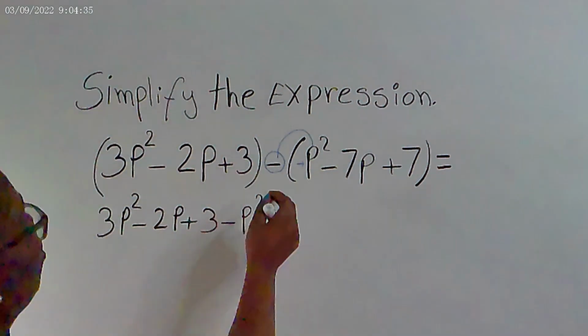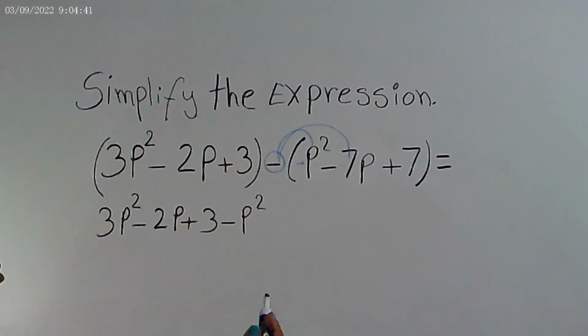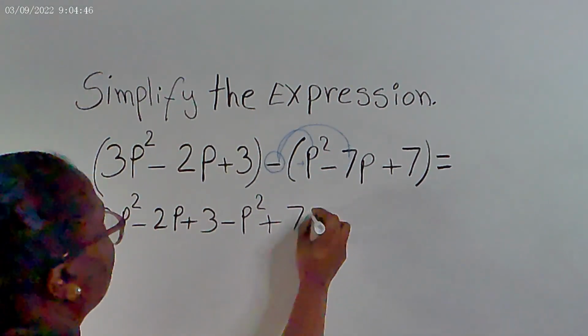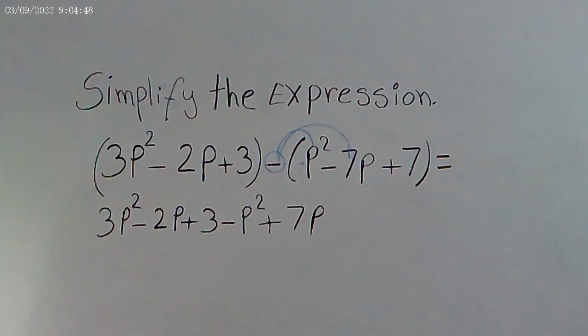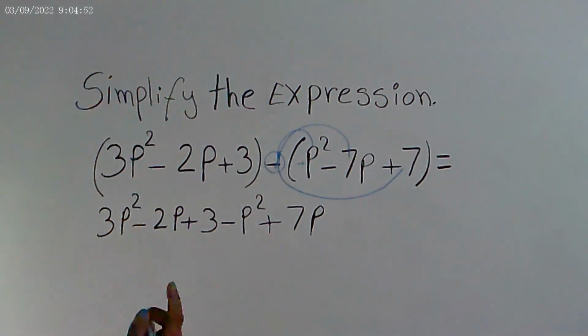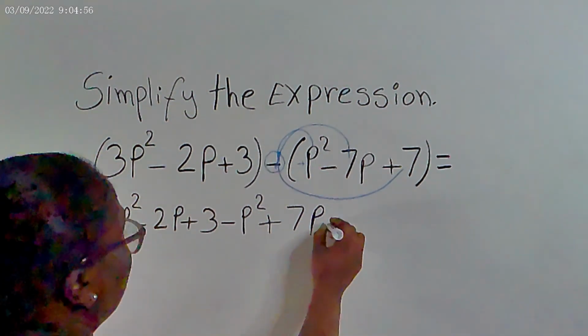And here, minus times minus 7p gives you a plus, because minus times minus is plus. Minus times plus 7 gives you a minus, because minus times plus gives you a minus. You have a minus 7.